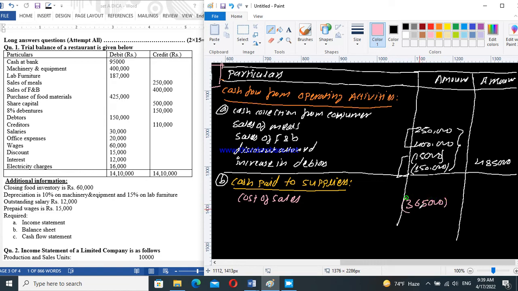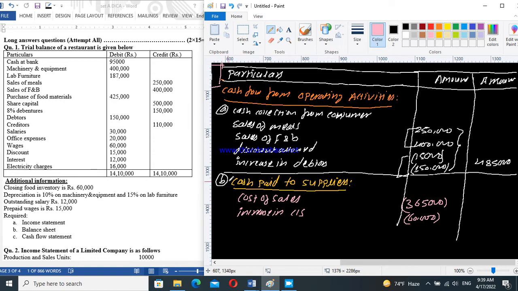3,65,000 paid to suppliers. Payments mean cash, always cash outflows. Therefore, you write a negative value. And next, increase in closing stock, 60,000.